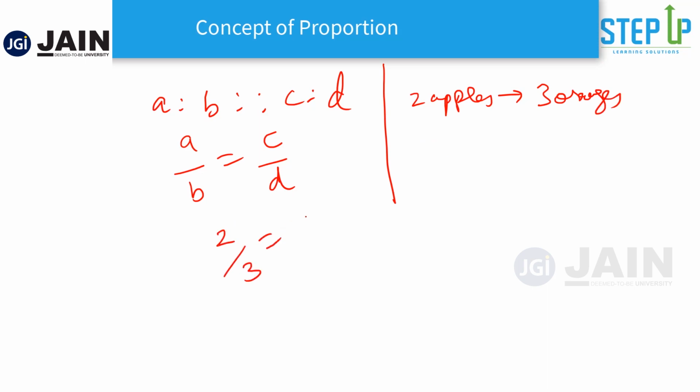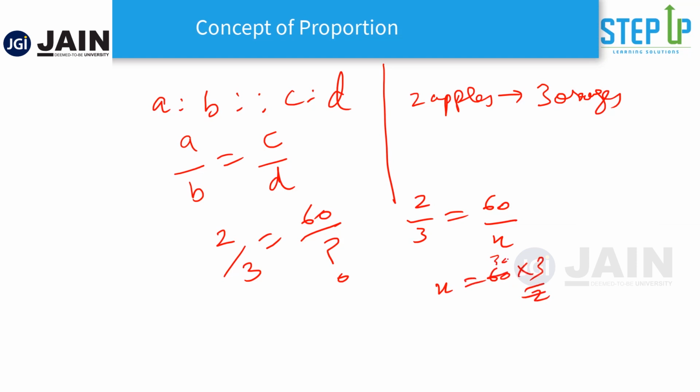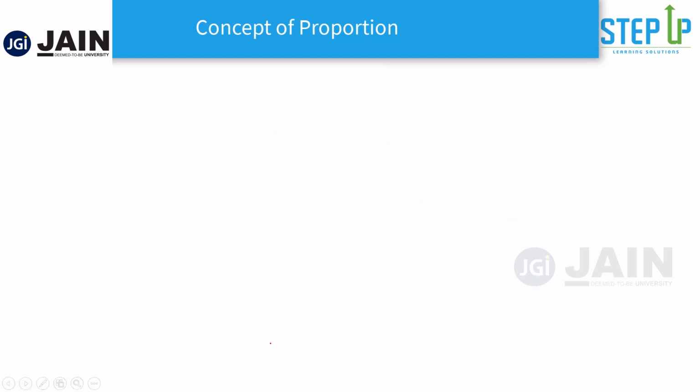If I tell you the number of apples is 60, can you tell me the number of oranges? You know that they are in proportion. So 2 by 3 equals 60 upon x, so x equals 60 into 3 by 2, which is 30 into 3. So this actually is 90. This is the application of proportion, and that's why this concept is useful. You can find the missing value on this basis.